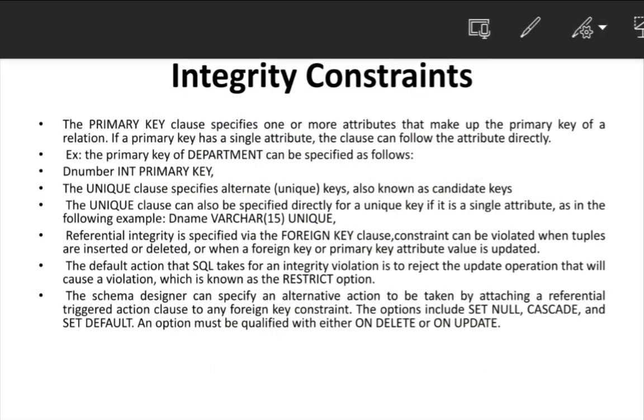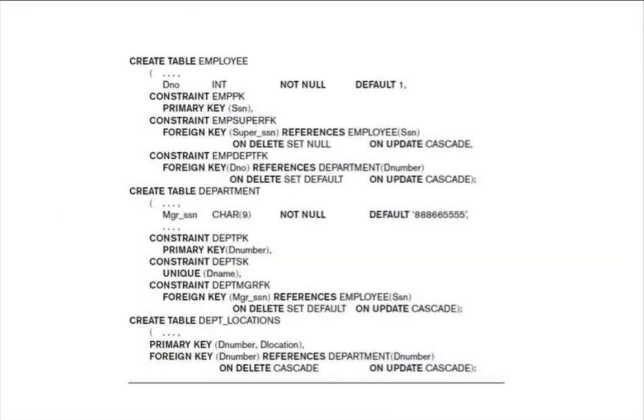So after that, one more important thing: the default action SQL takes for an integrity violation is to reject the update operation, right? For example, see, restrict operation I have used here. So why am I going to use restrict?